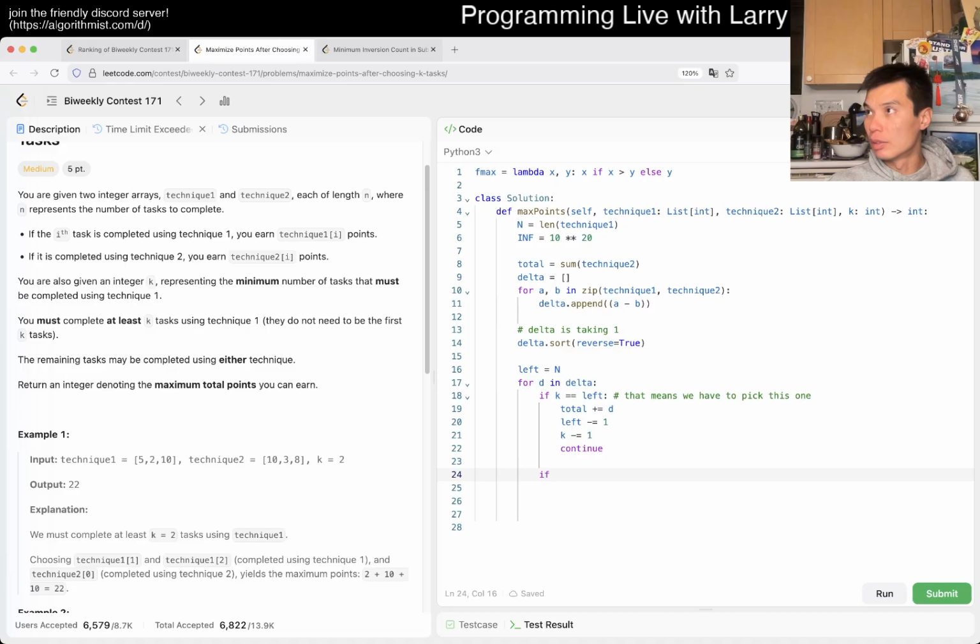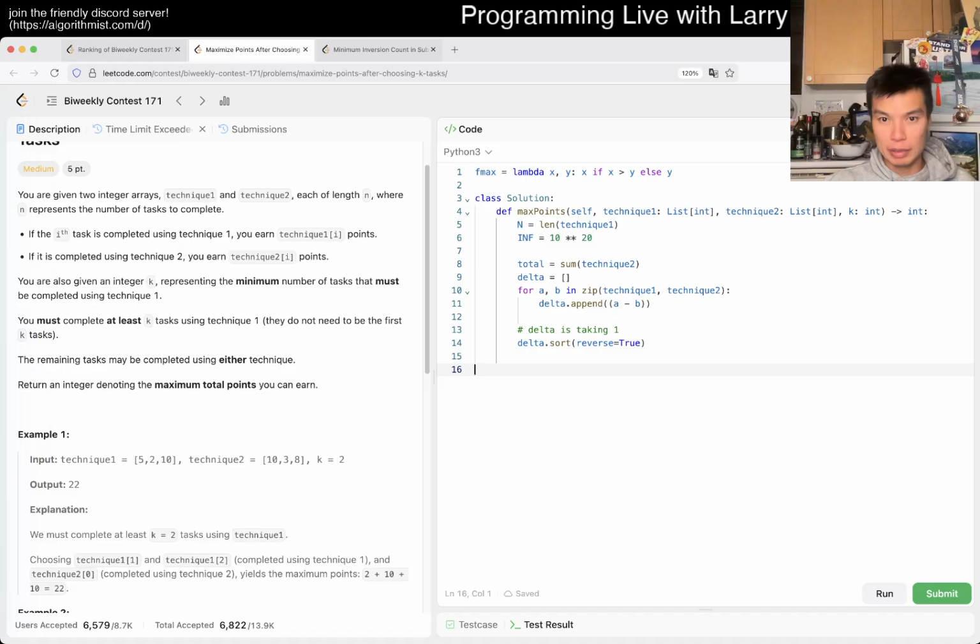What are we doing? I could probably say this in a different way. Okay, so we take all the things, then we take the first k, and then the, okay, yeah, we take the first k, right?